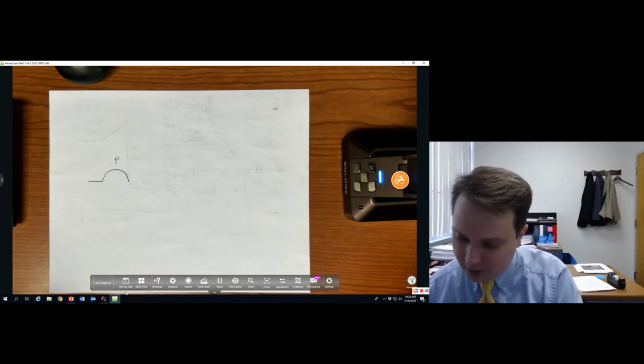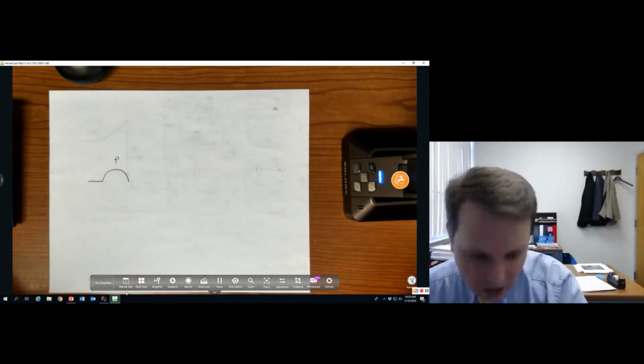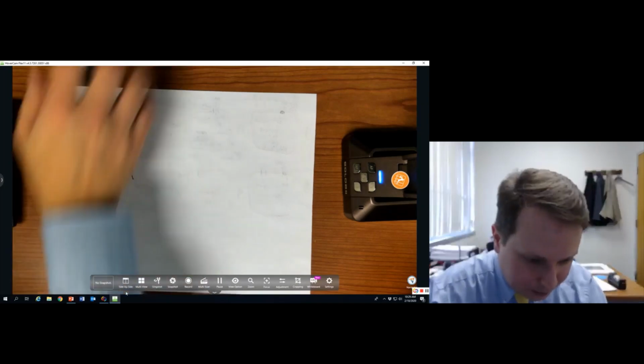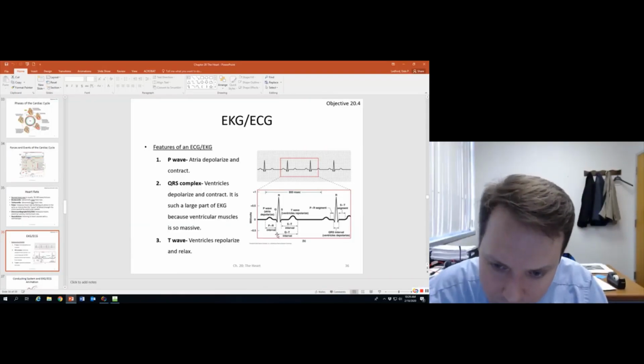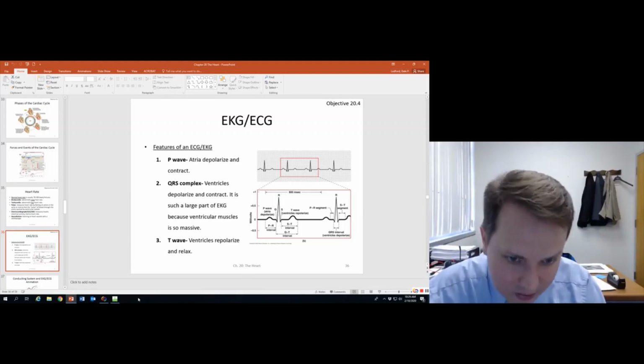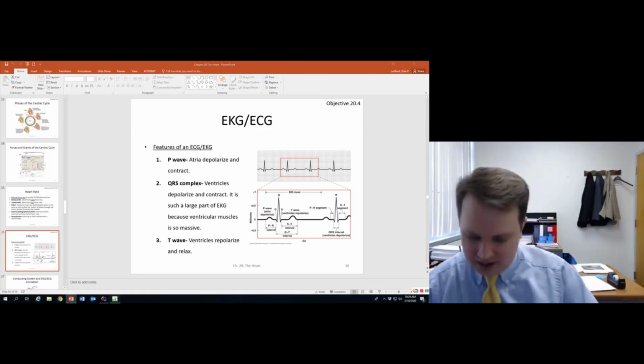Now, after the P wave, what you're going to see here is your Q, R, and S complex, which does include all of these.